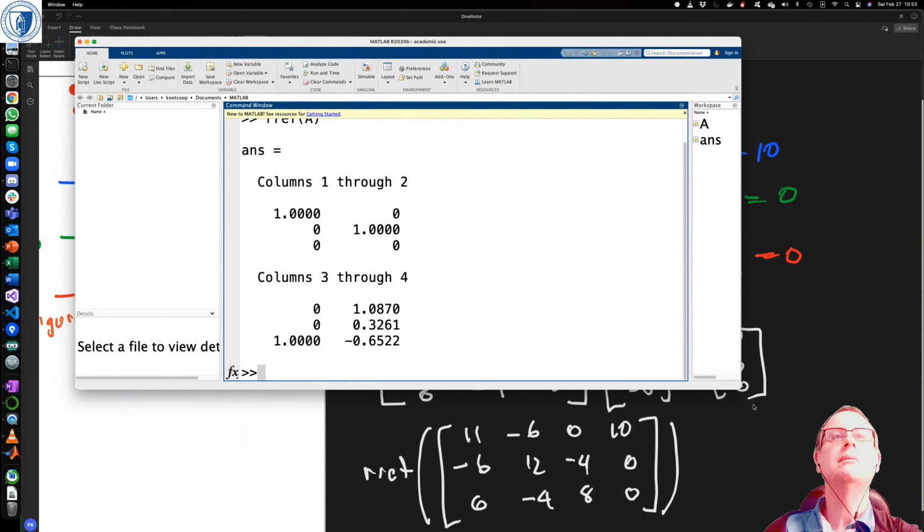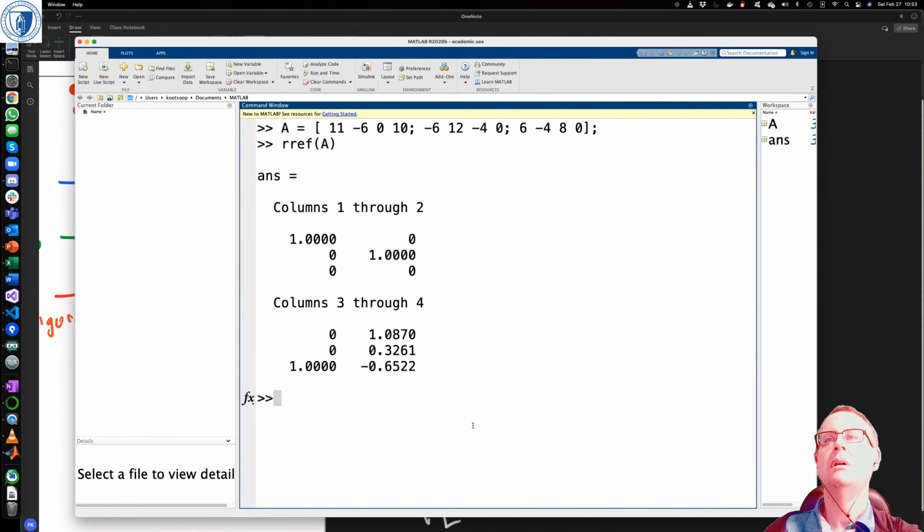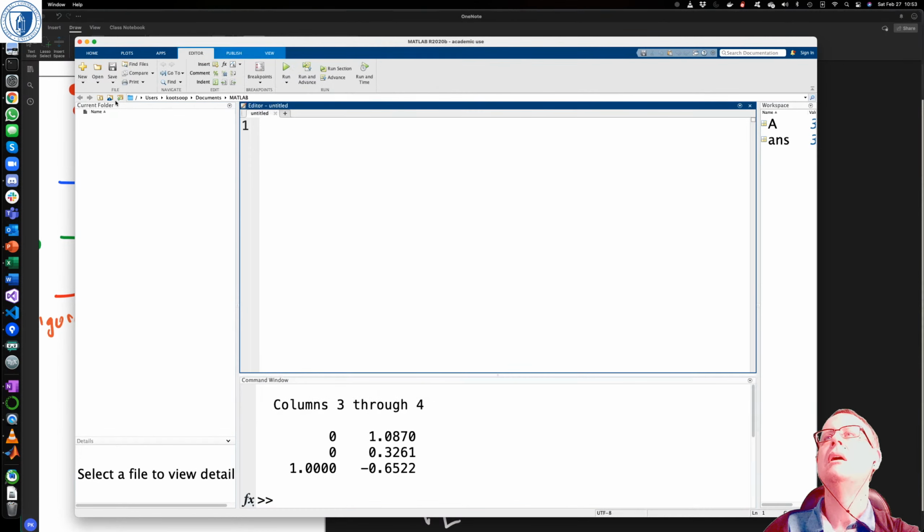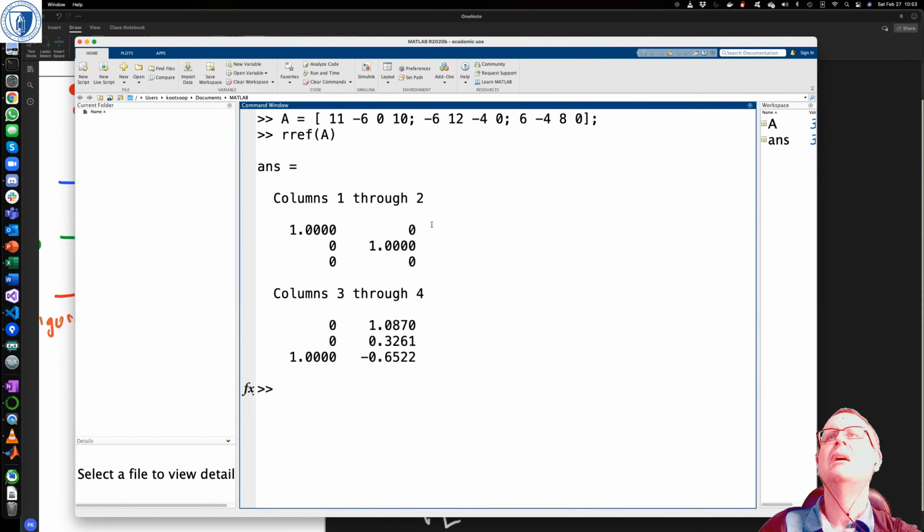Okay, something's gone. For some reason, it's not letting me type there. Yeah, so that'll be the reason, right? So that is the command window.